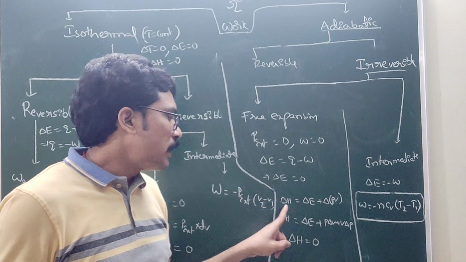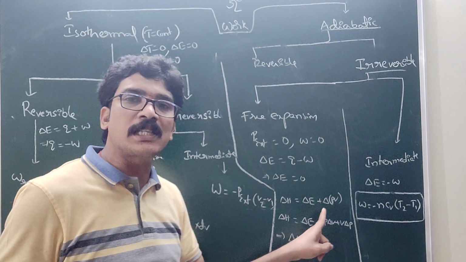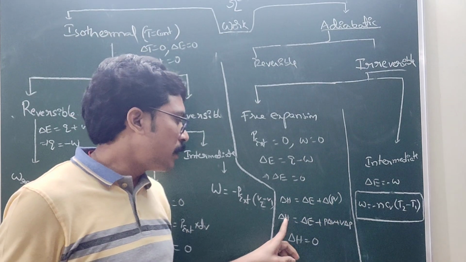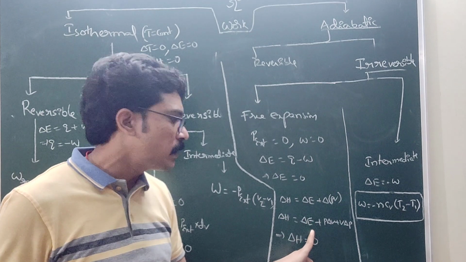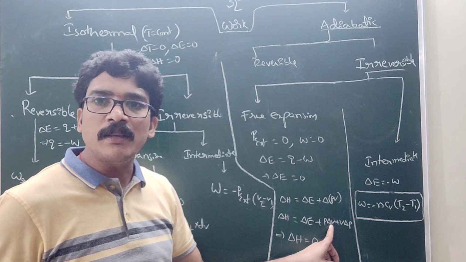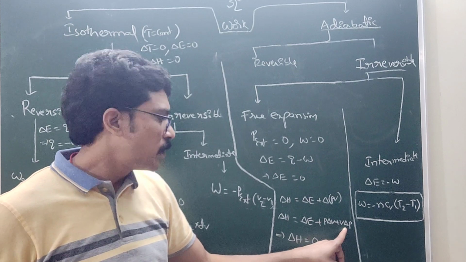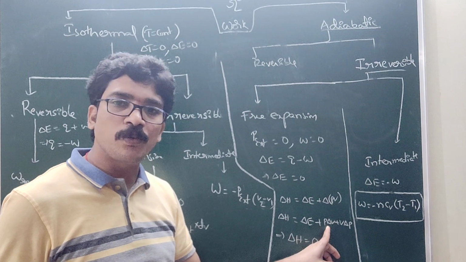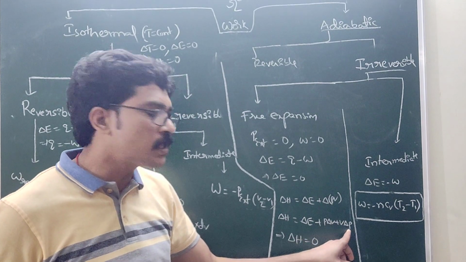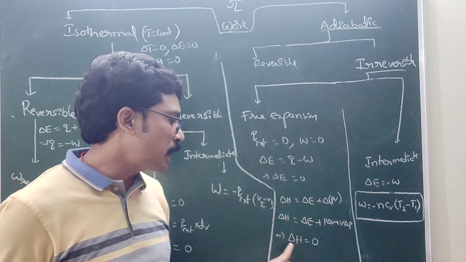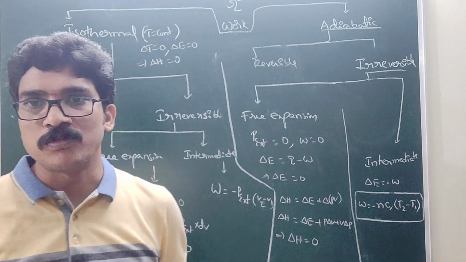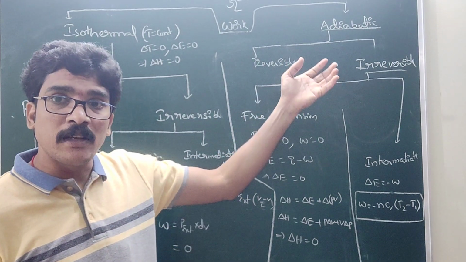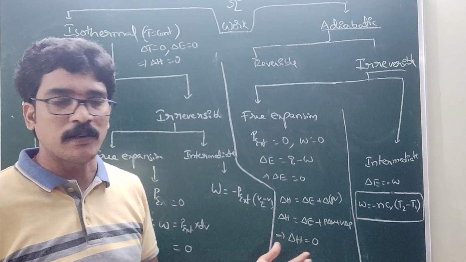And one more, delta H is equal to delta E plus delta PV, that is delta E plus P delta V plus V delta P. Then delta E is 0, external pressure is 0, and the change in pressure is 0. Then delta H is equal to 0. These are the terms observed in adiabatic irreversible free expansion.